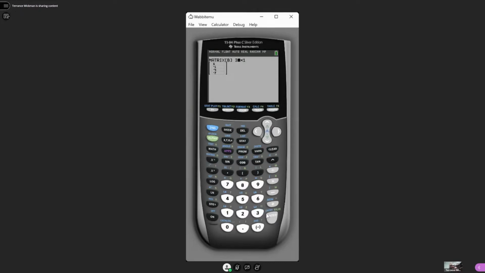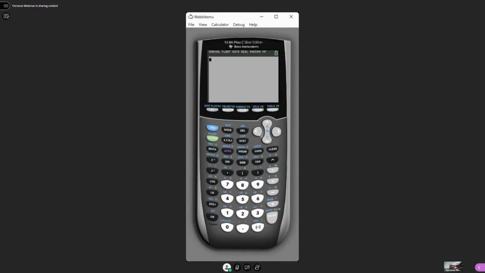So it's a 3 by 1. If you get confused, it'll look just like it's supposed to. Our first number in this one was 2. Next one is 2. And the next line is 0.5 or 1/2. We can do 0.5. It's easier. And now we have both matrices loaded.